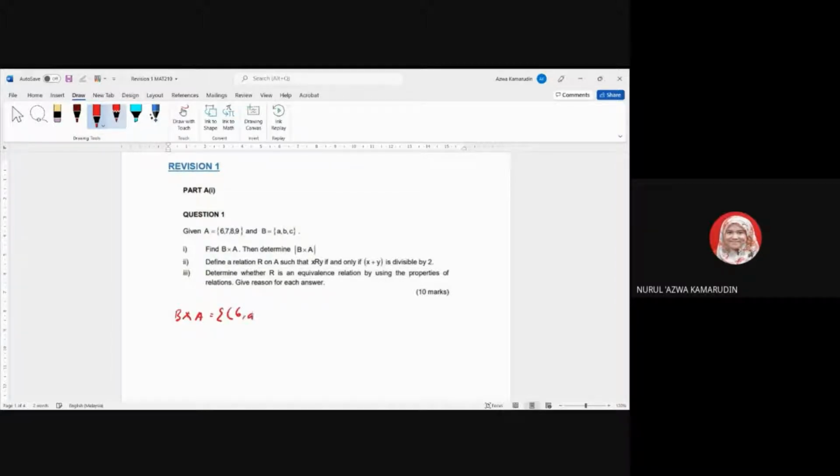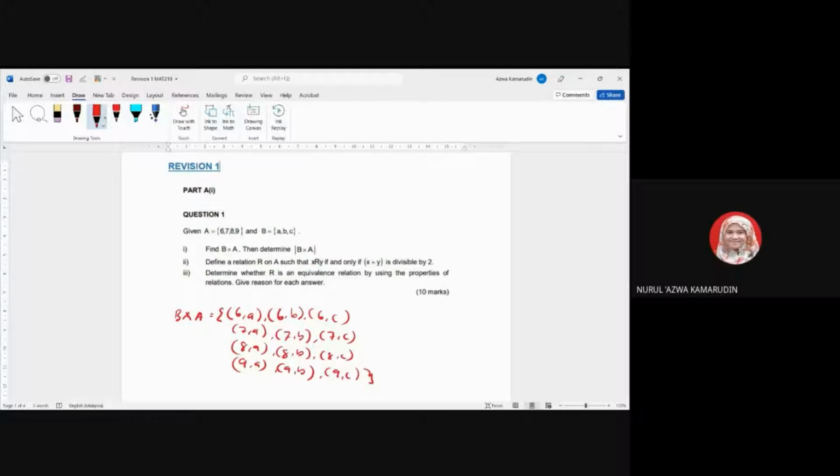So suppose that it is 6A, 6B, 6C, 7A, 7B, 7C, 8A, 8B, 8C, 9A, 9B. Last one is 9C. Okay, that is BA.